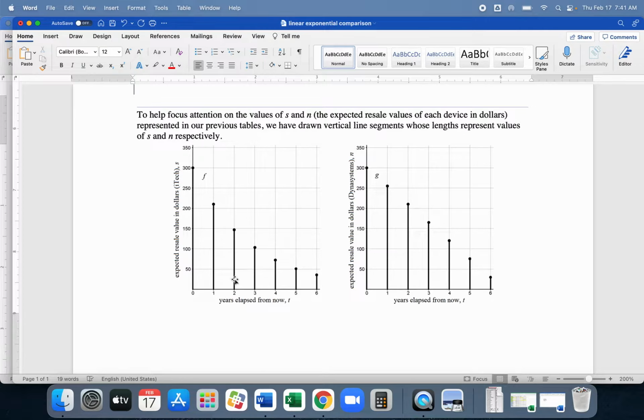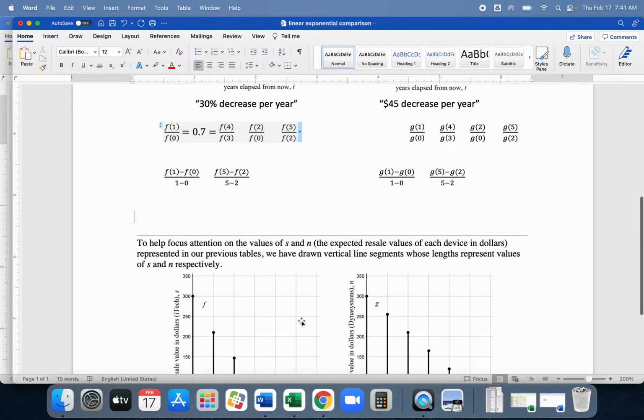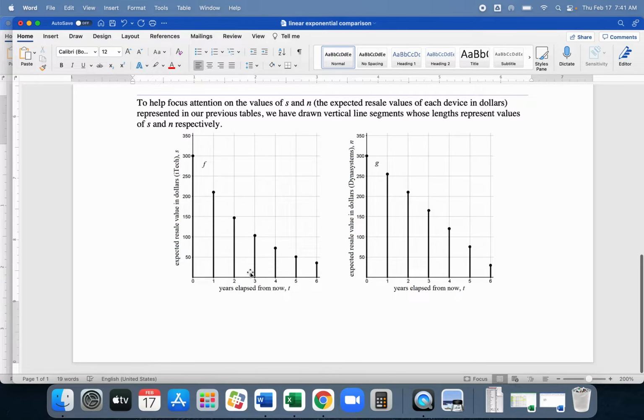But that's true for each of these consecutive lines. So what was it, 3 and 4? Is that what I'd asked about? Yeah, 3 and 4. The height of line 3 versus the height of line 4. The value after 3 years versus the value after 4 years. Still 1 year apart. So the amount that it shrank is a lot less in terms of number of dollars.